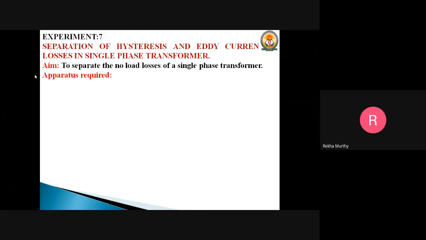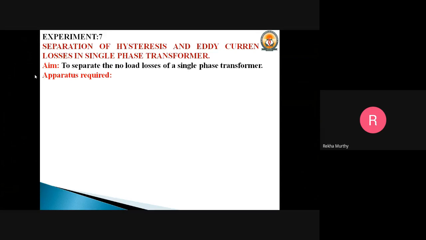Since on the transformer primary side we are going to give some excitation, but the secondary side will be kept open, the iron loss will be obtained only during the OC test, as you all know. During the OC test, the secondary will be opened.